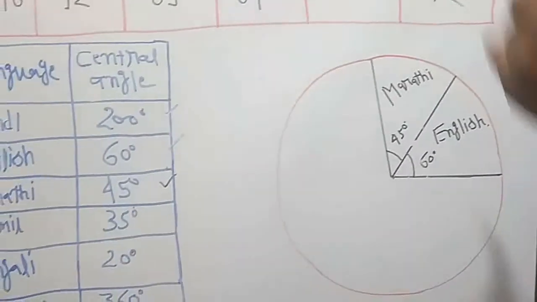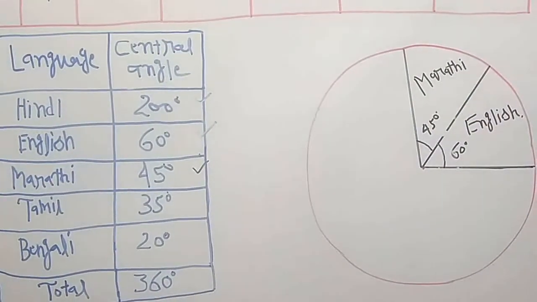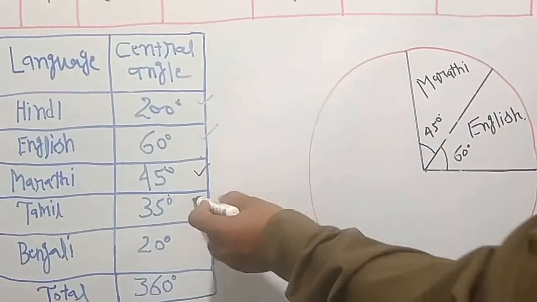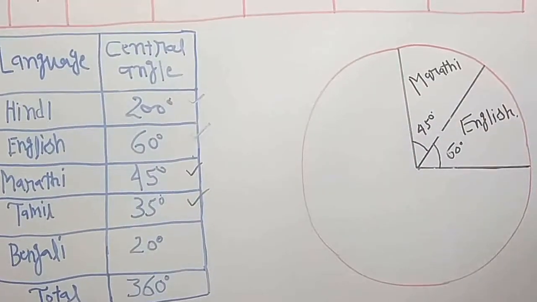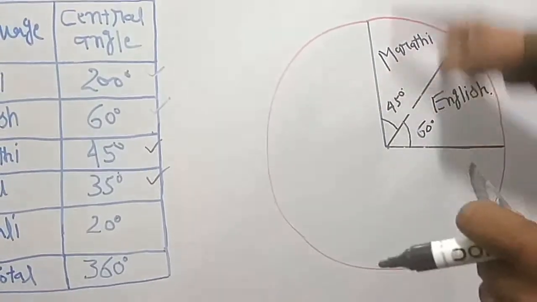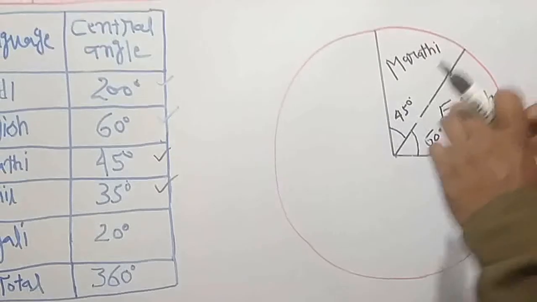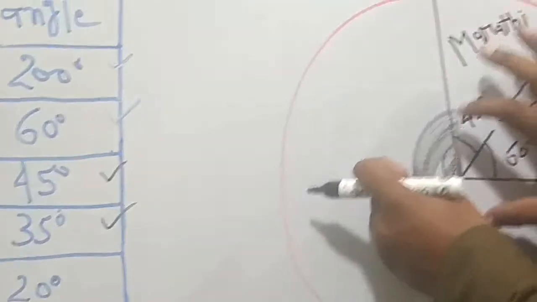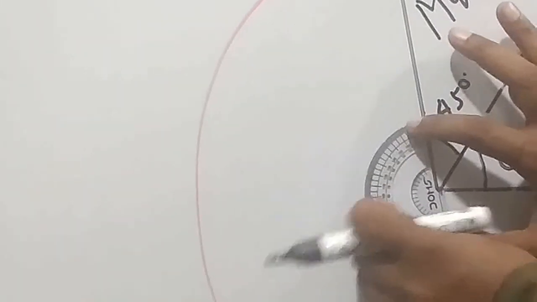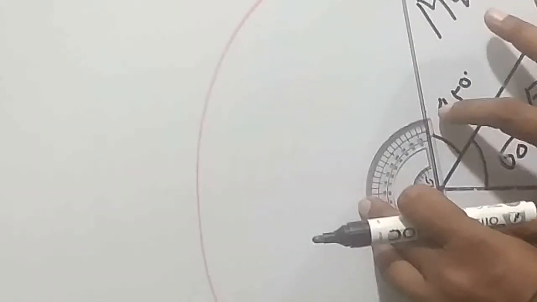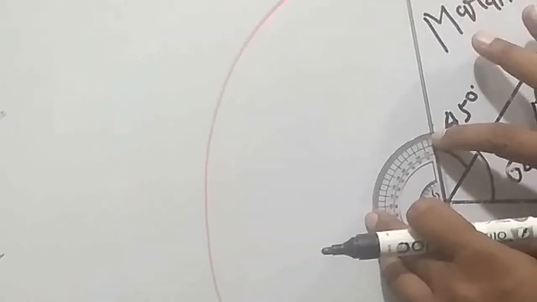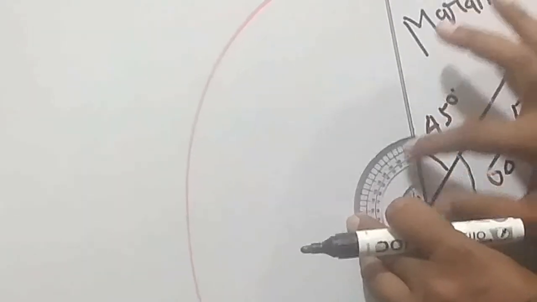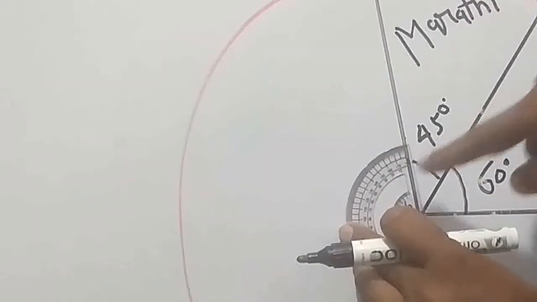Similarly, we draw the next angle, 35 degrees for the Tamil. We take this line as a baseline. Again we set our protractor on this line, and the center of the protractor on the center of the circle, and then we read 35 degrees. It is 10, 20, 30, 40.